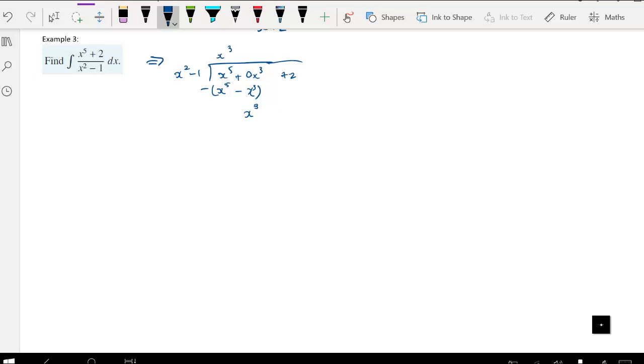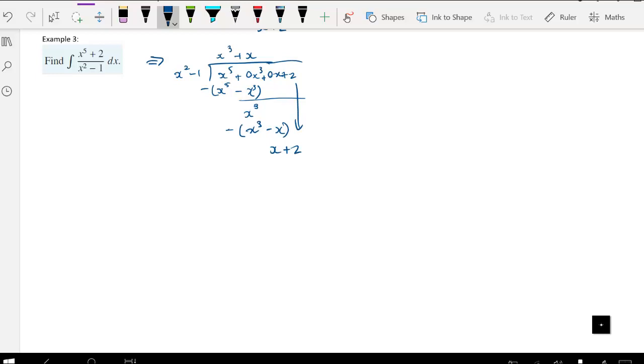This is our new leading term. x cubed divided by x squared is x, and now we'll subtract the product of x and x squared take 1, which is x cubed take x. So we have to throw in a 0x up here. So 0x take negative x will be x, and we've got our plus 2.